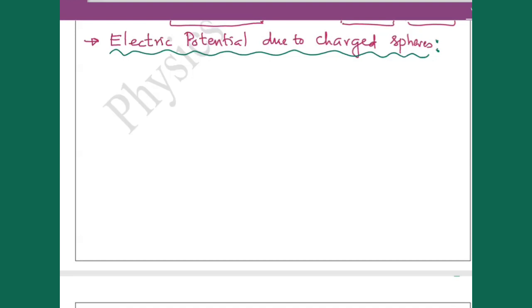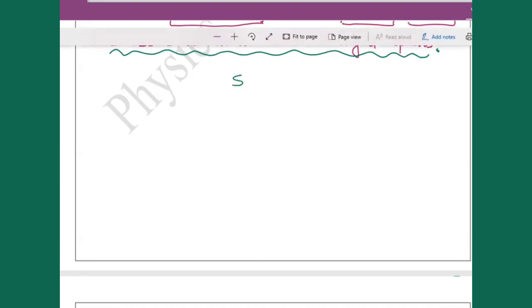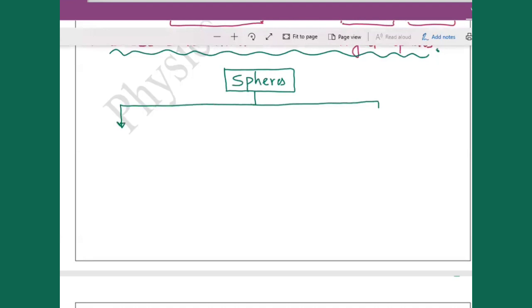We discussed that spheres are classified into two types. How are they classified?